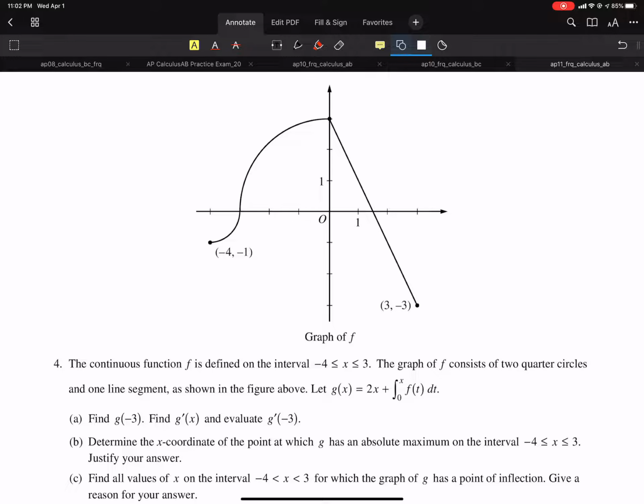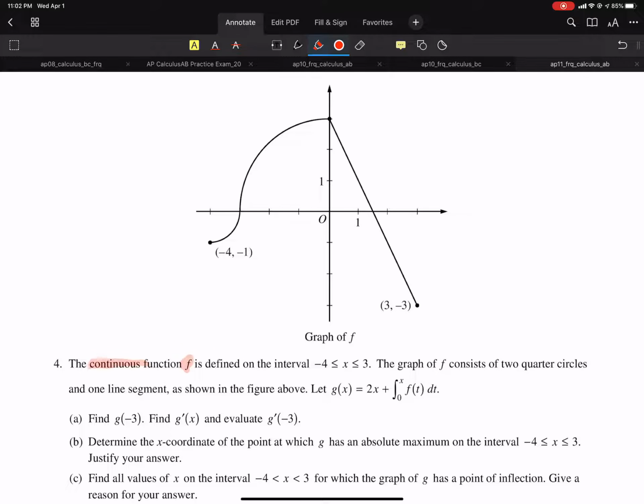2011 Form A, number 4. This is for both Calculus AB and BC. Graphical analysis. So, what do we have? We have a function f.